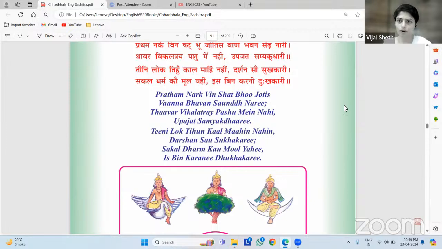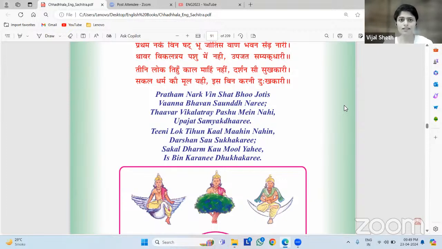I am a pure Trikali Dhruv Shuddhatma, unchangeable, indestructible, pure soul. That is what my true nature is. I am Anadi Anant. I cannot be destroyed. That kind of firm belief is Samyak Darshan, and that is the only thing which causes happiness in all the three lok, in all the three times.